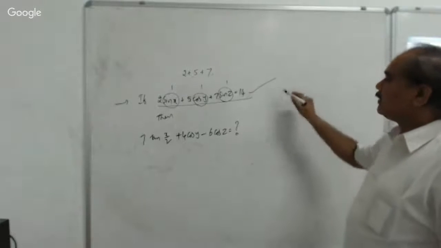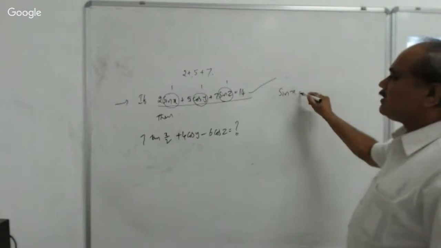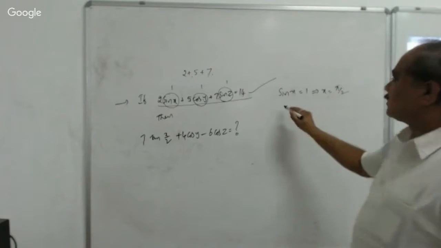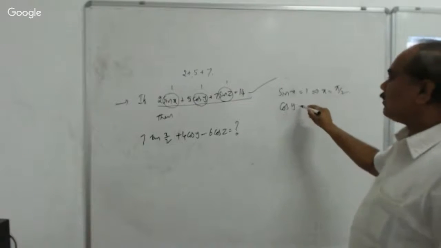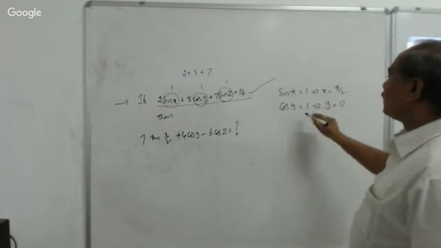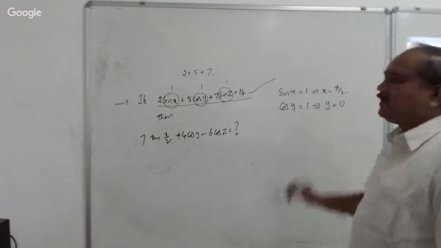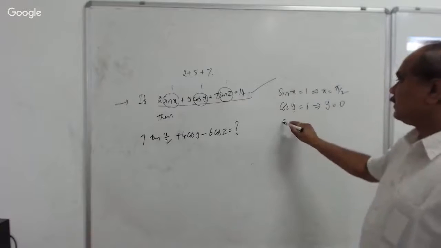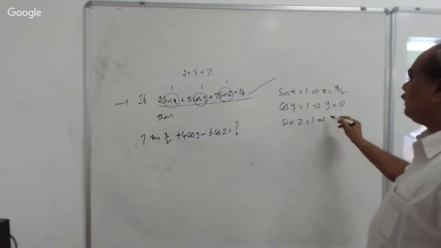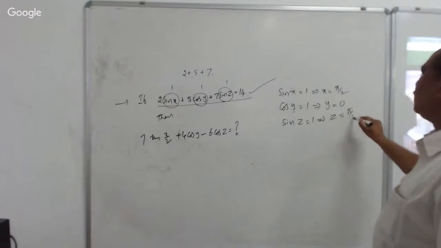Satisfied. Therefore sin x equal to 1, then x equal to 90 degrees. Cos y equal to 1, again cos 0 is 1, so y is 0. Sin z equal to 1, so z equal to 90 degrees.